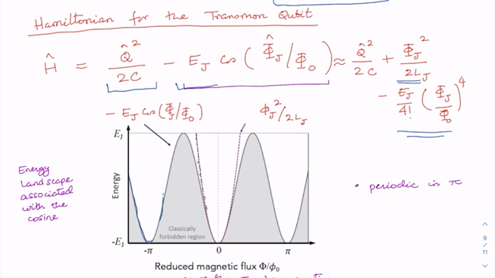This refers to the linear harmonic potential, phi j squared by twice Lj, and this cosine function is periodic in pi. So if our magnetic flux value is close to 0 or very small, then this whole potential can be termed linear.